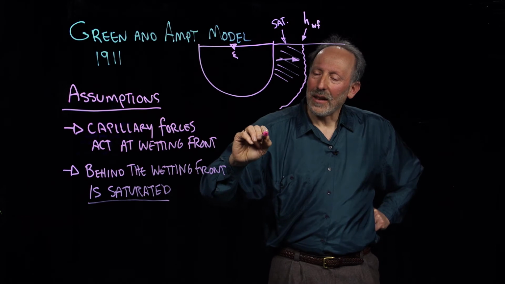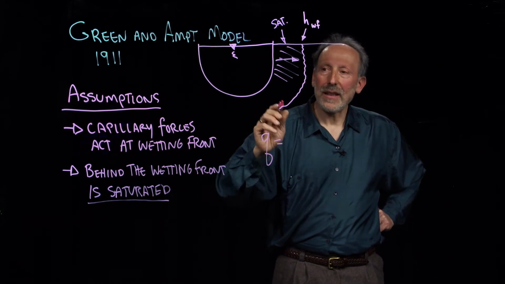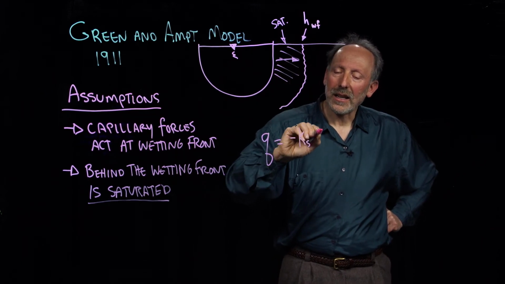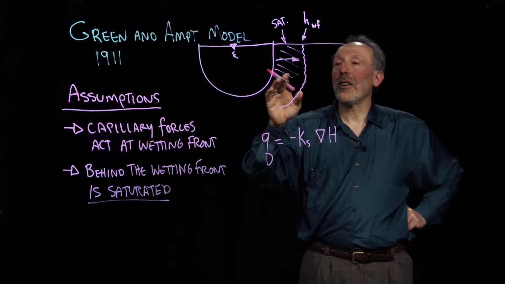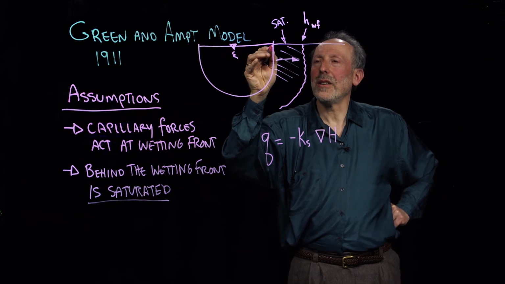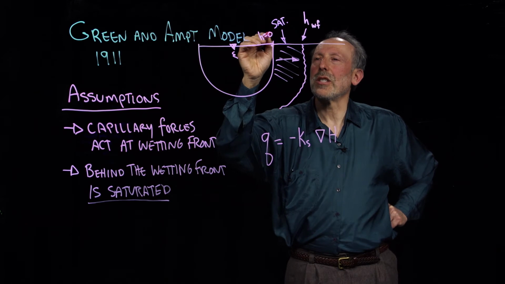And it's going to say that the specific flux is equal to, in this case, minus K sat, the saturated conductivity, times the gradient in total potential. Here we have, and we'll just consider this point here, the pressure potential is 0.